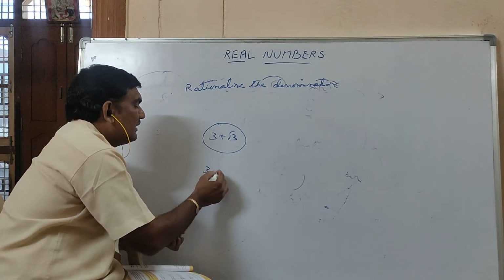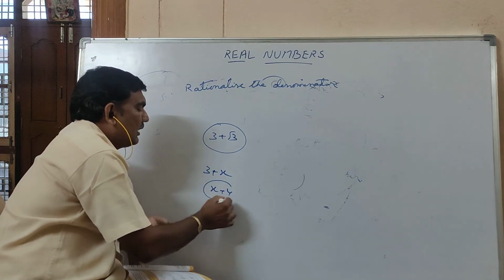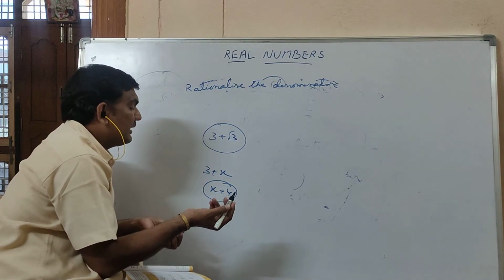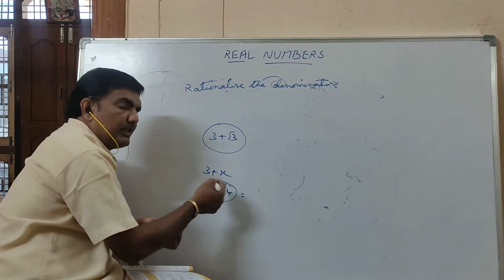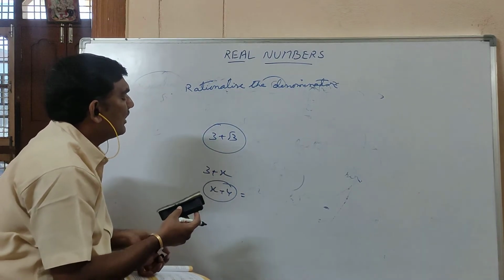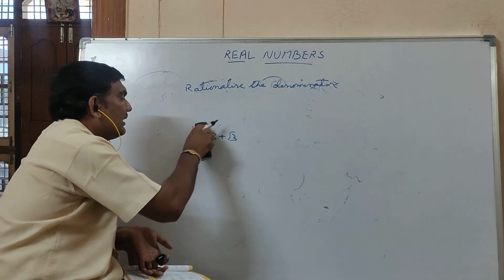As you know, 3 plus x or x plus 4. Can you add 1x to 4? We can't add it. We can't write this answer as 4x or something, because they are dissimilar terms. This 3 and root 3 is also the same like that.